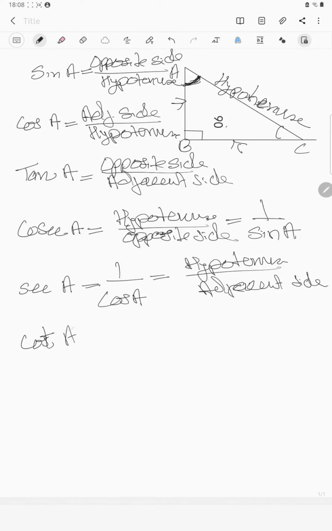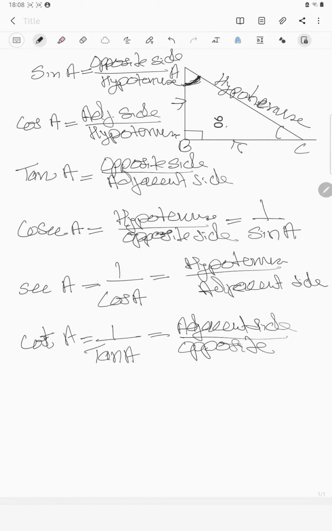Similarly, cot is the reciprocal of tan A, which will be equal to adjacent side upon opposite side.